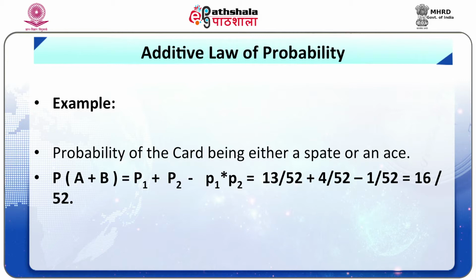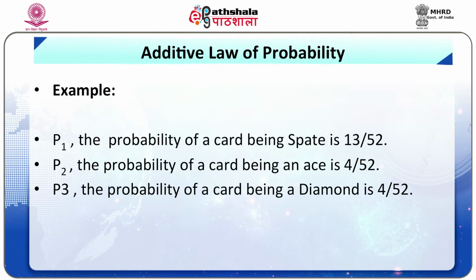The case A is that either it is a spade or it is an ace. Then the probability would be the probability of the first event plus the probability of the second event minus the probability of their joint occurrence.